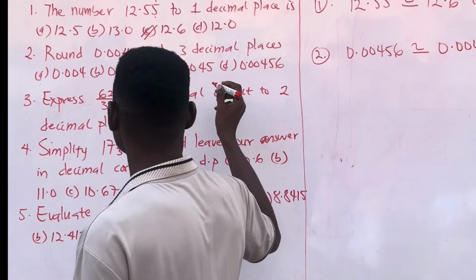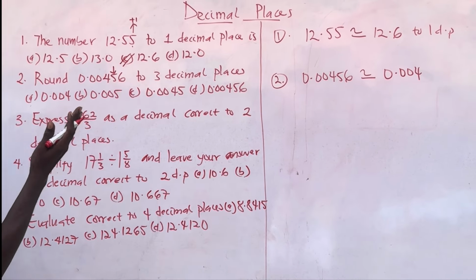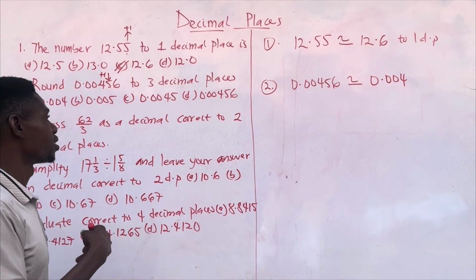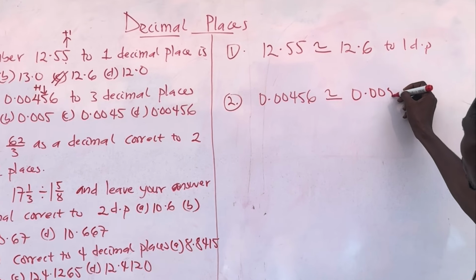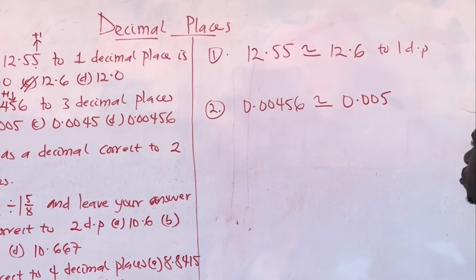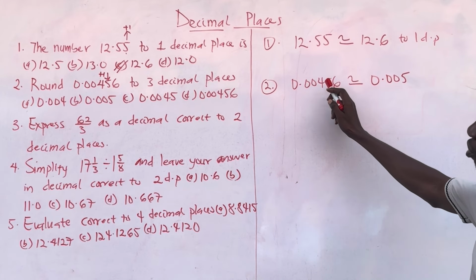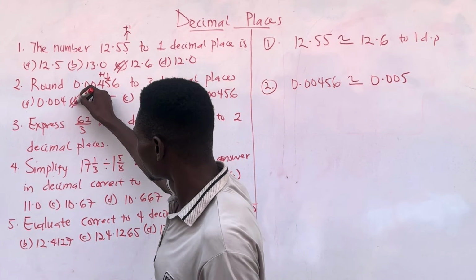But now watch. The number after our stopping point is an up number. So what do we do? We add 1 to that stopping point, right? So our answer becomes 0.005. And that's option B.